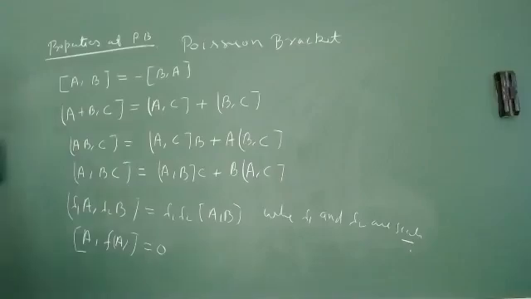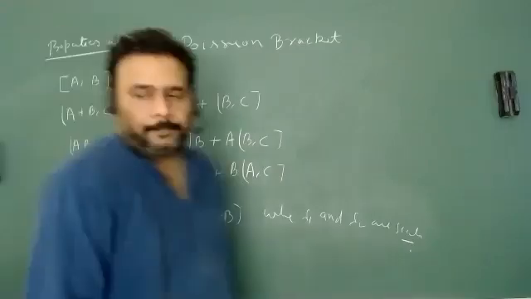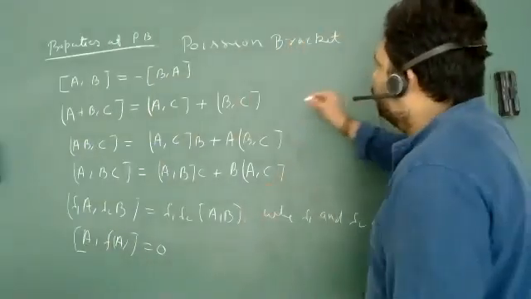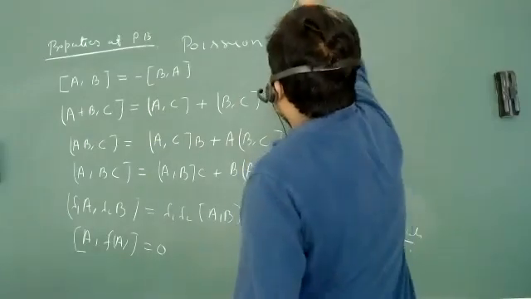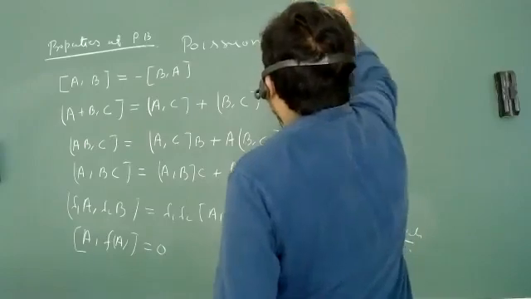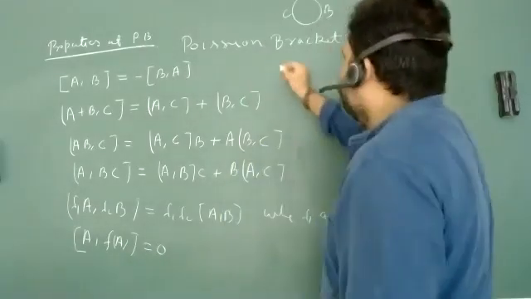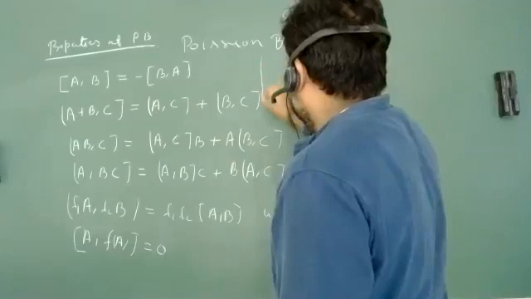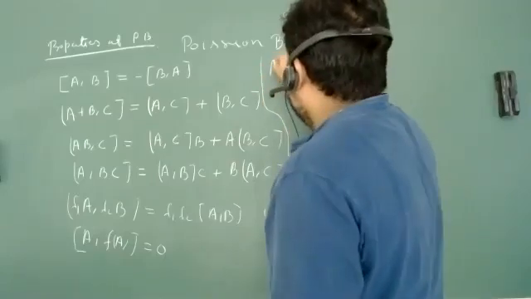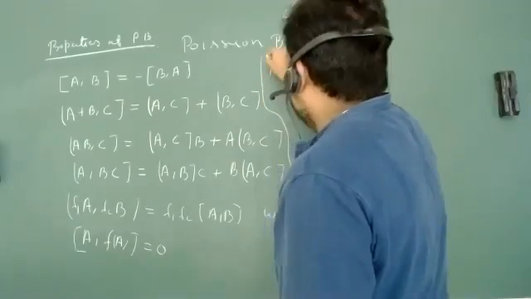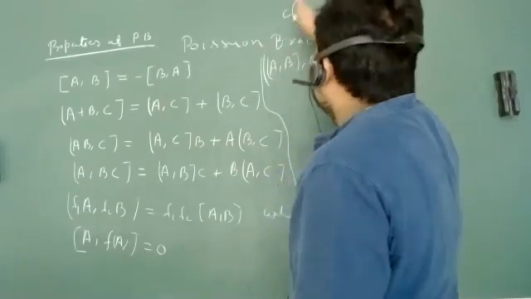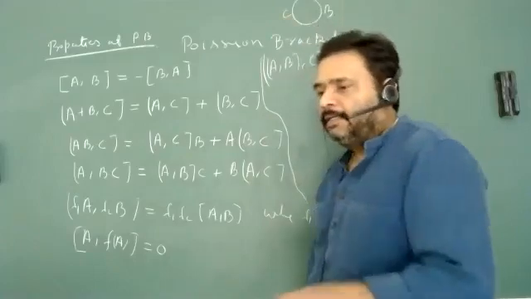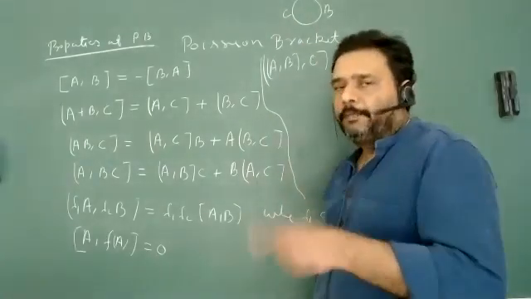And the last is the Jacobi identity. How will you use the Jacobi identity? Just make the rule. You have A, B, and C. We are just starting with the Poisson bracket {A, {B, C}}. So the first term you will write like this, and then you go to the cyclic permutation.